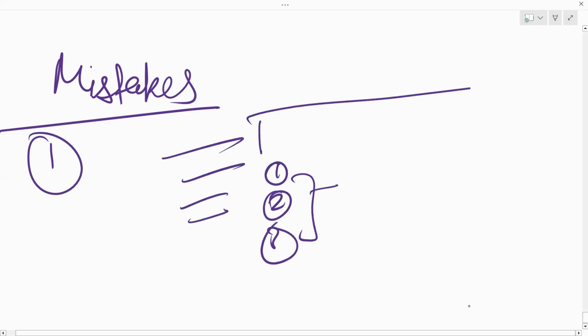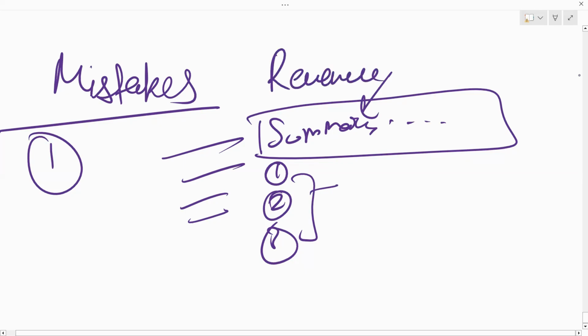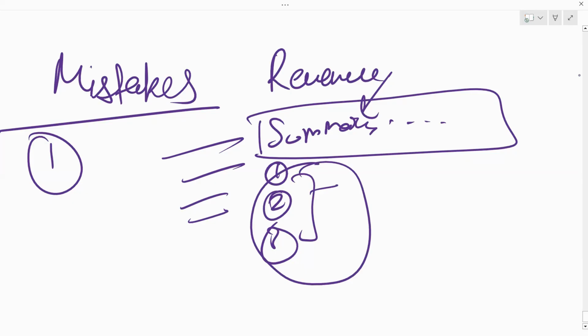I have seen students form a short summary, saying substantive procedures in relation to this. You do not have to write that. That is given in the question itself. If you want, you can give a heading, like if it is about revenue, you can give a heading as revenue and continue with your substantive procedures, right? You do not have to waste a lot of time writing unnecessary things which are not even required, right? First is that.